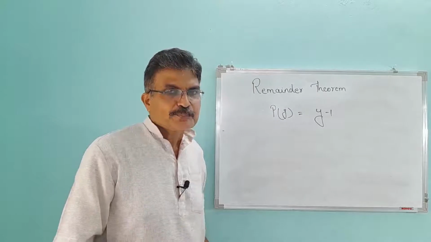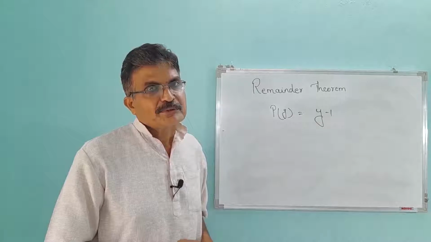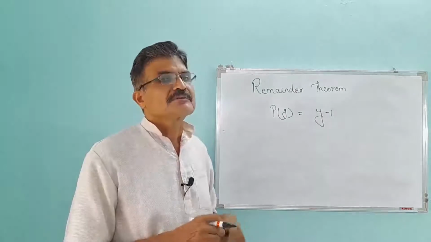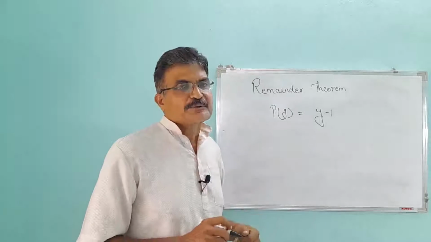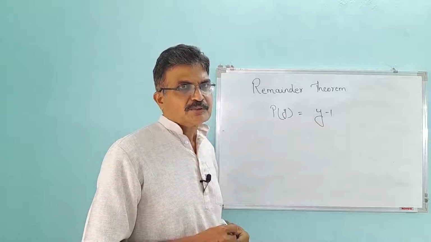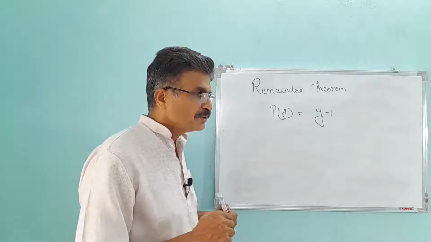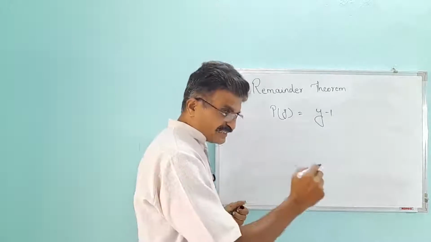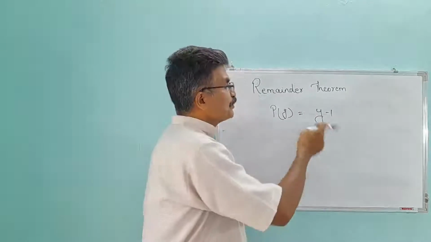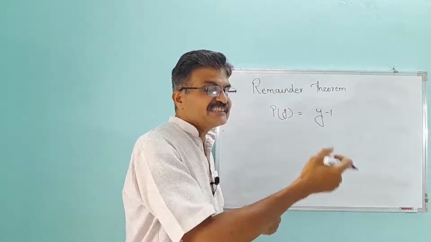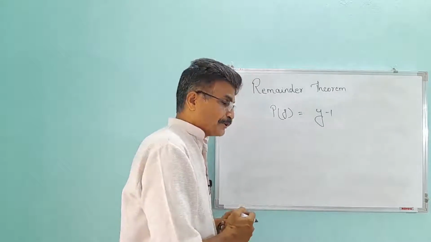This is a linear polynomial, that's polynomial with the degree 1, maximum number of terms 2, minimum is 1. For what value of y this polynomial becomes 0? Yes, plus 1. When y is equal to plus 1, this polynomial becomes 0. Then this plus 1 is called the zero of the polynomial.